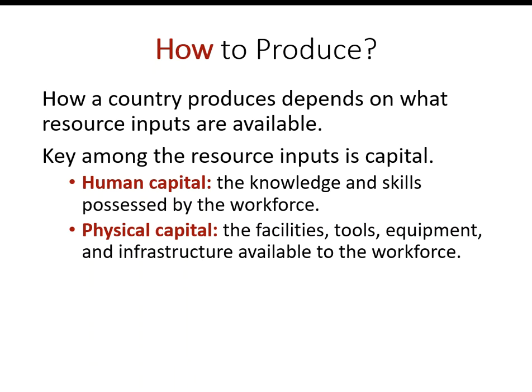Human capital is the knowledge and skill possessed by the workforce. For instance, just like you, the reason you come to college is to gain human capital. The more human capital you have, the better value you have on the job market, and you potentially will have more income. That is human capital.